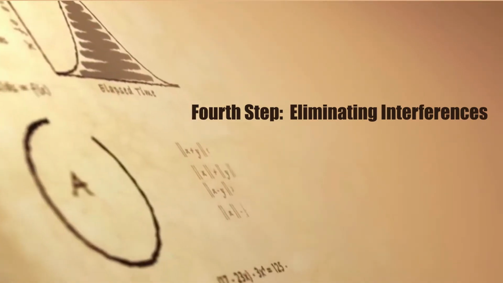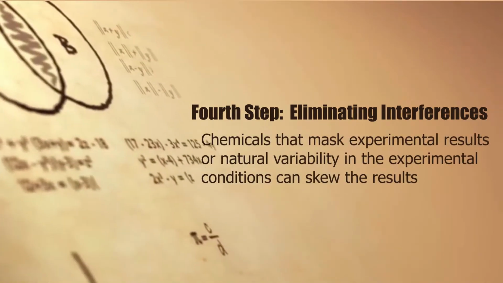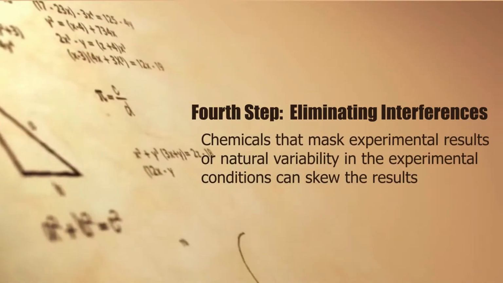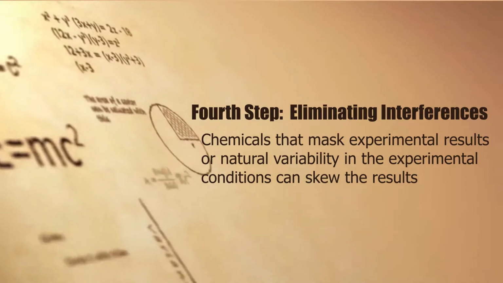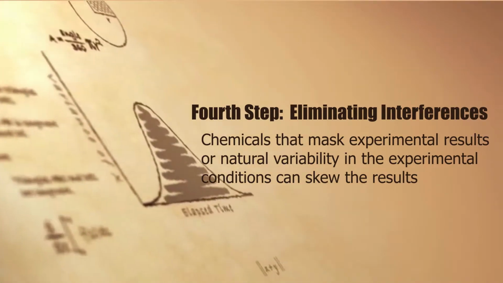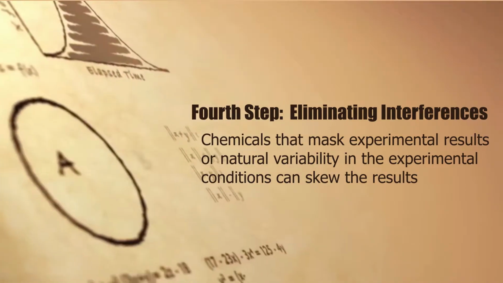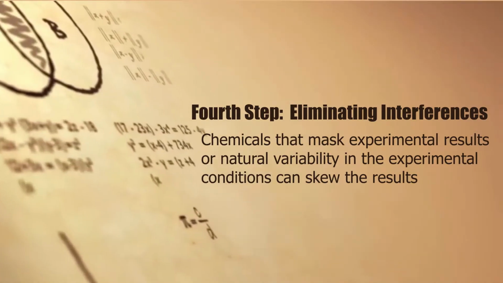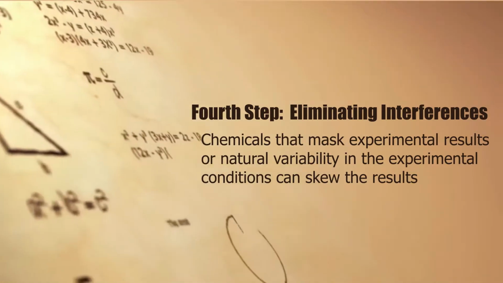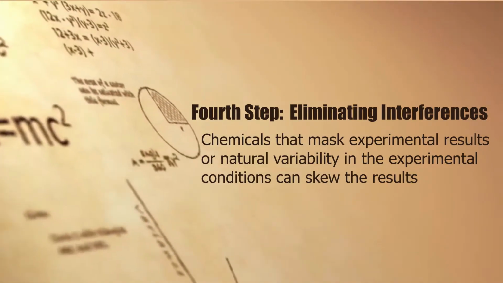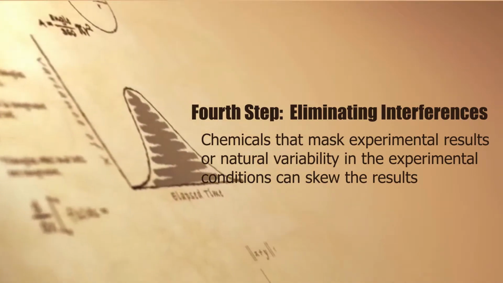Many times, other chemicals that I'm not interested in measuring will be in the sample, and unfortunately may have similar physical properties to the chemical we're measuring. These other chemicals might interfere with our measurement, so we'll have to figure a way to compensate for this experimental anomaly.